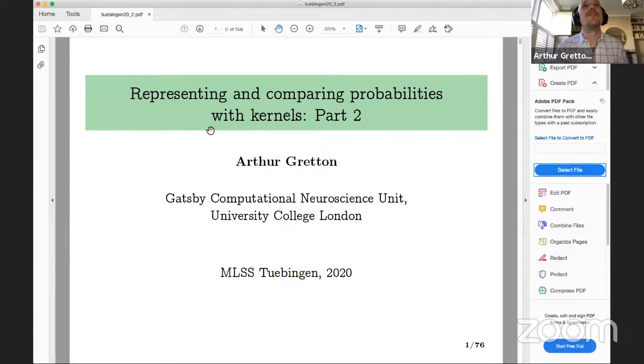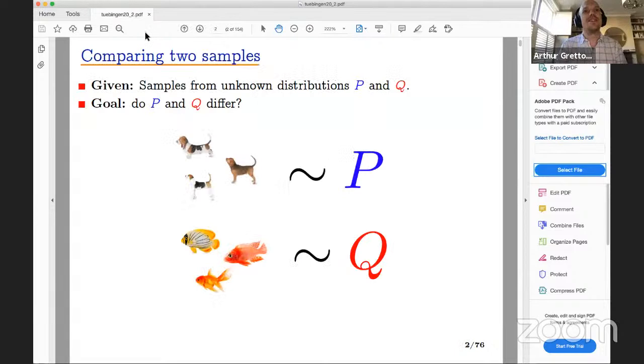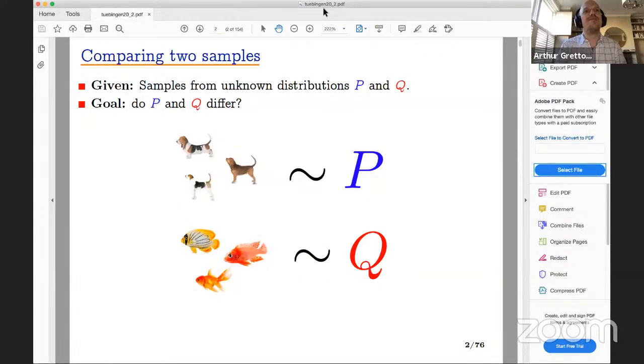I think you have to make it full screen first and then share. It is full screen. Can you see it now? No, it's the same. Something's changing. For whatever reason, Adobe doesn't allow full screen with slide sharing.